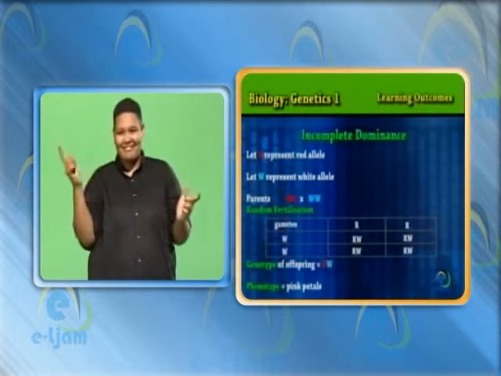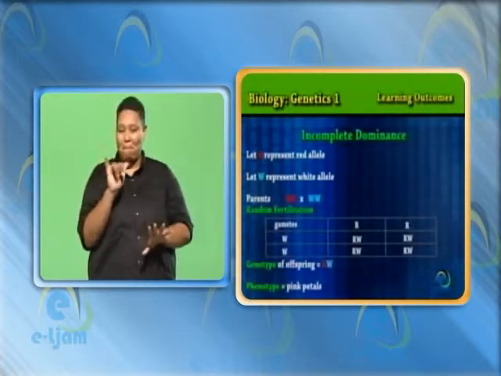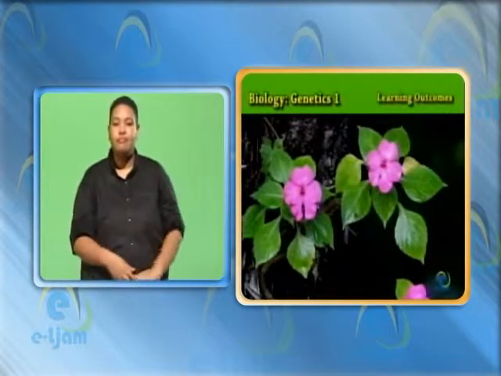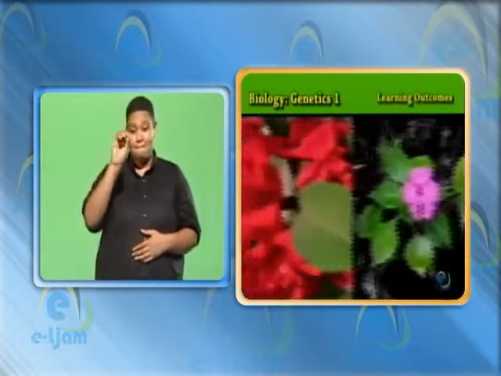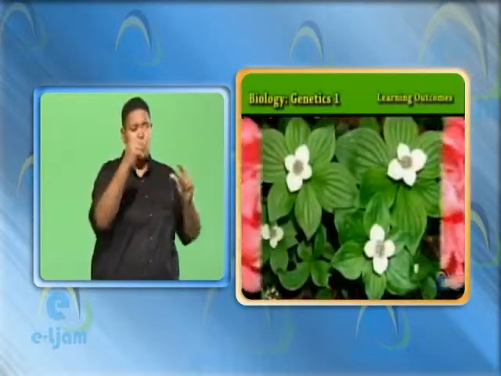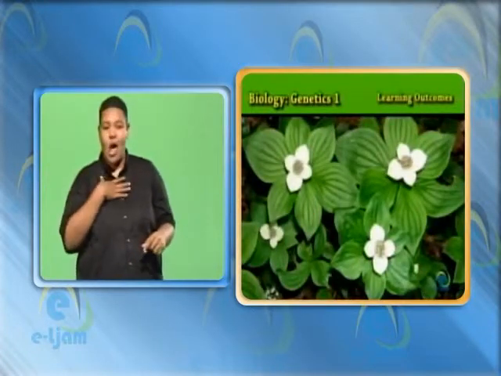In other words, blending occurs with the alleles. In impatiens balsamina, the flower petal is red, white, or pink. However, there are only two alleles, red and white. The heterozygous condition is pink.